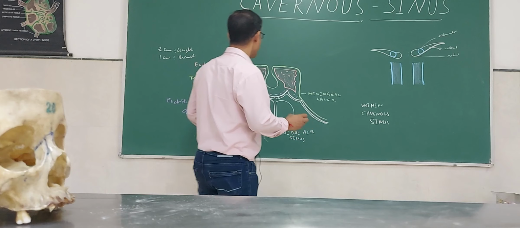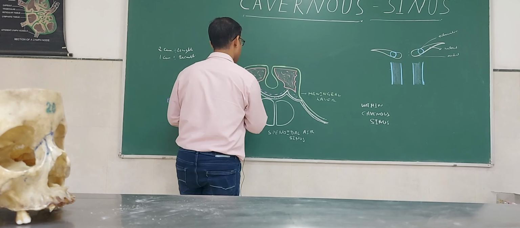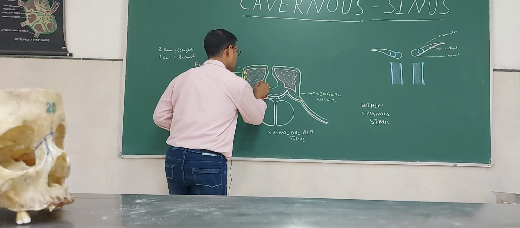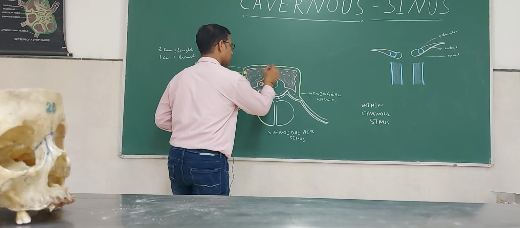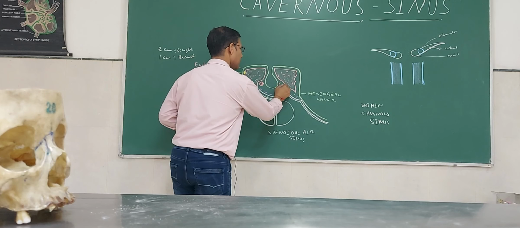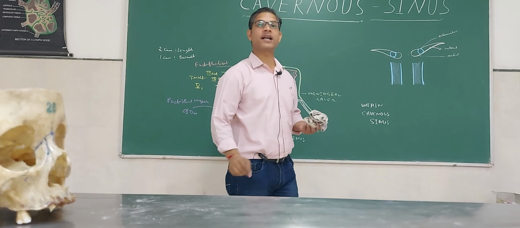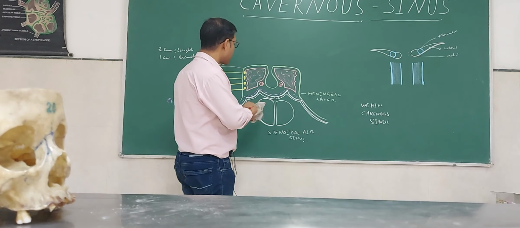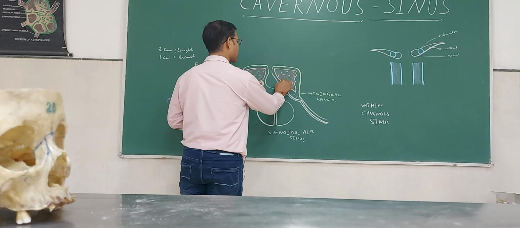Now coming toward the medial wall, which has an artery. This artery enters the cavernous sinus on both sides. It is a very important artery which supplies the brain, known as the internal carotid artery, which is surrounded by the sympathetic plexus.